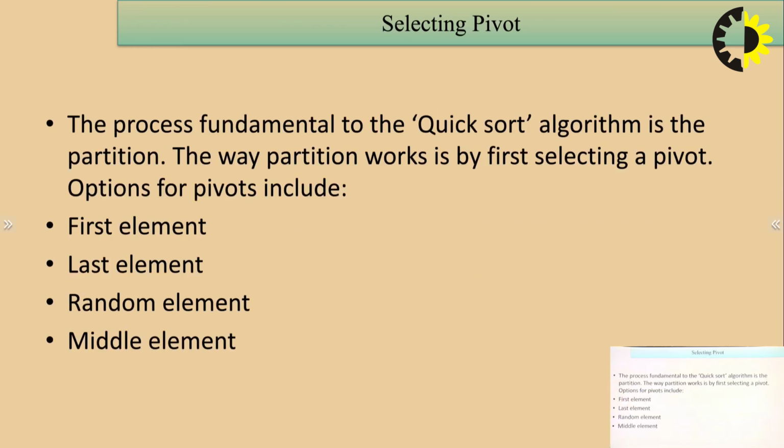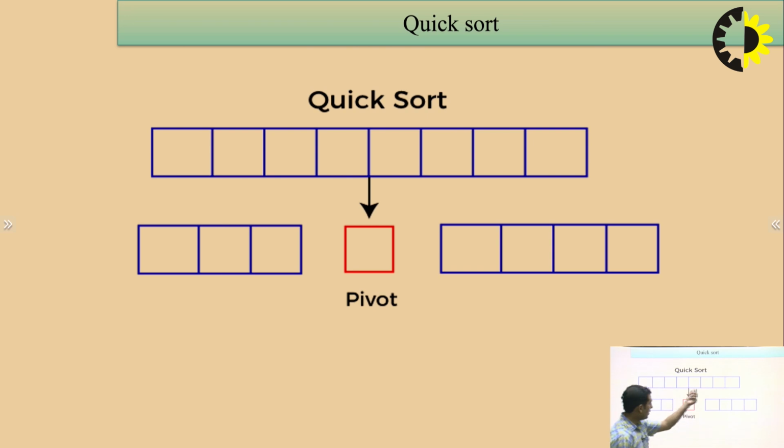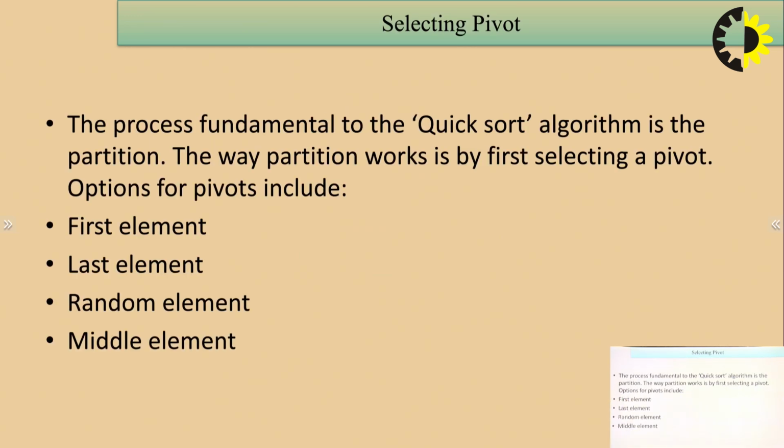The process fundamental to the quicksort algorithm is to partition. How to partition? It means how to place the pivot element at its proper location. We can choose the pivot element randomly or fixed, and place this element at its proper position. We can choose the first element, the last element, a random element, or the middle element as pivot.